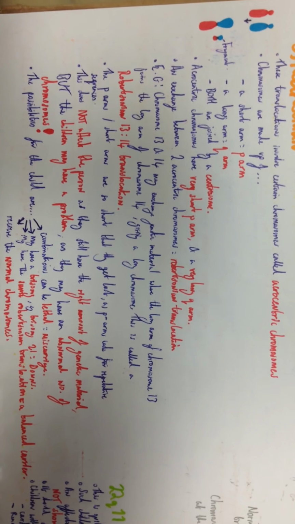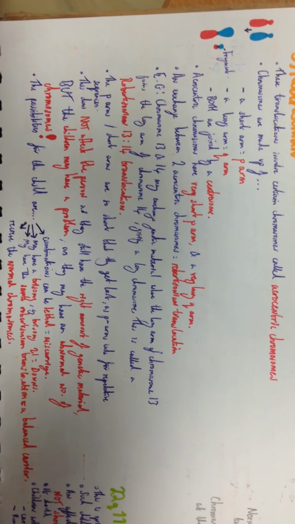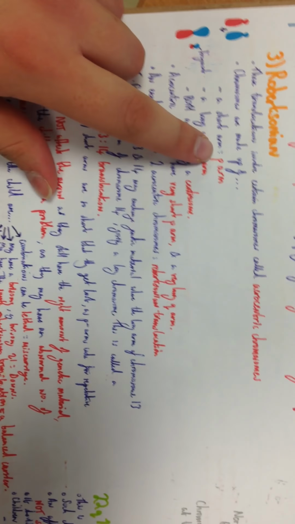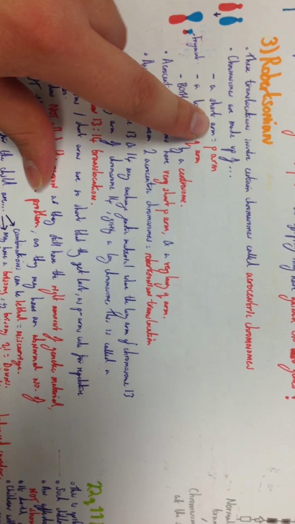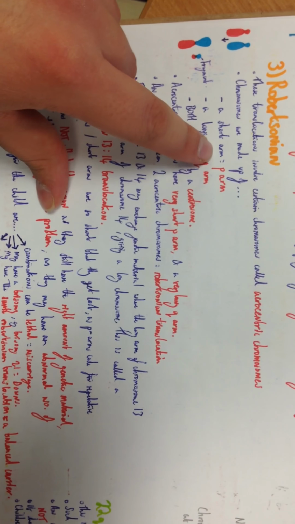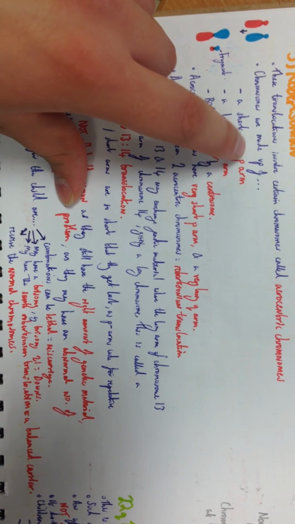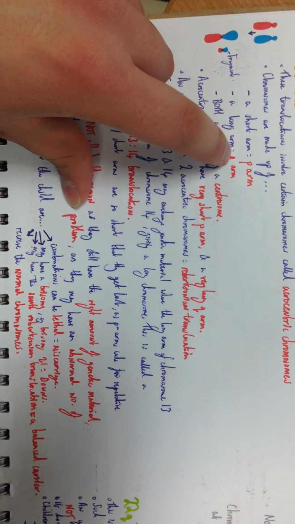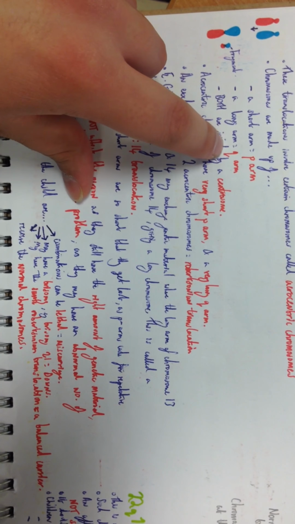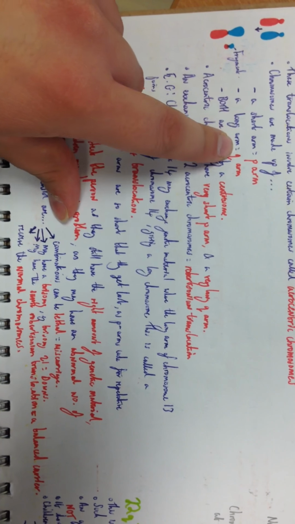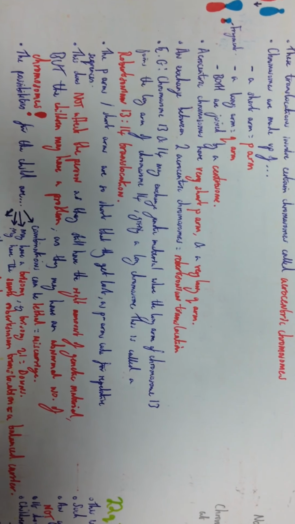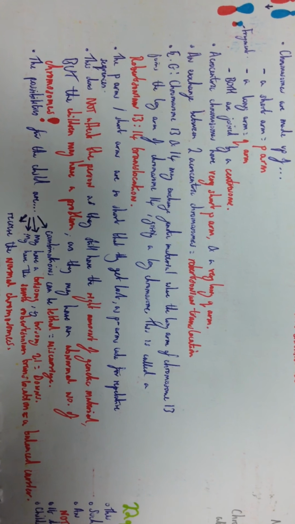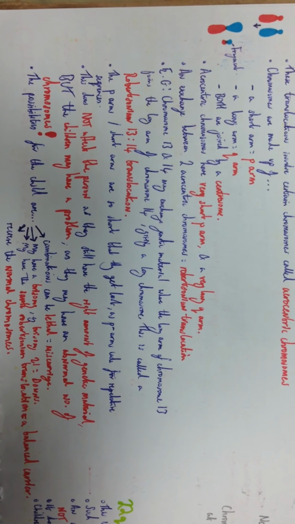Chromosomes are made up of a short arm, which is P, and a long arm, which is Q. How I remember that is, if you draw a Q, it takes you longer to draw as there are more lines, and the lines of the Q are longer than the lines of the P. So Q is the long arm, P is the short arm. Acrocentric chromosomes have a very short P arm and a very long Q arm. An exchange between two acrocentric chromosomes is a Robertsonian translocation.